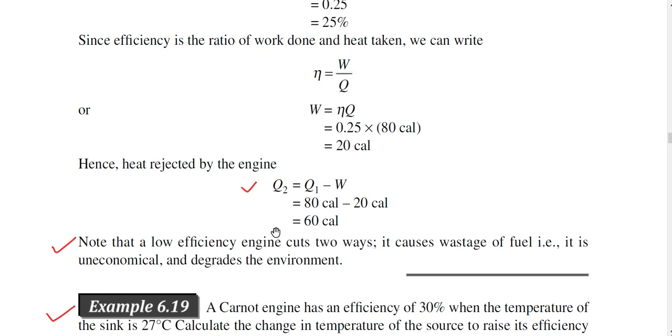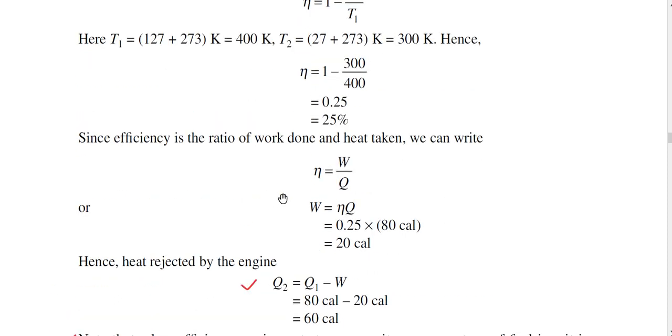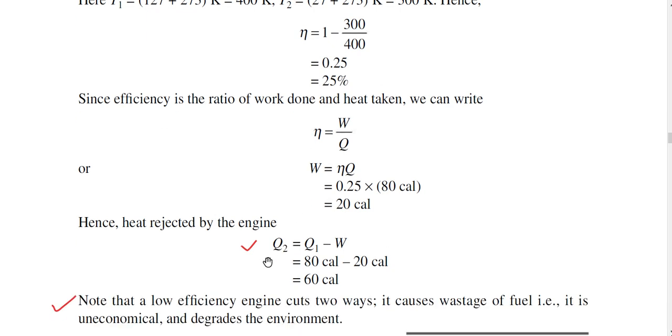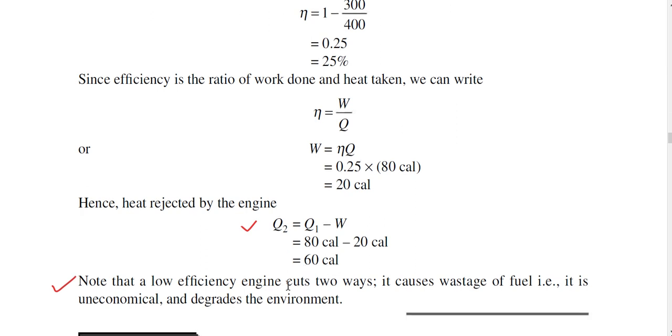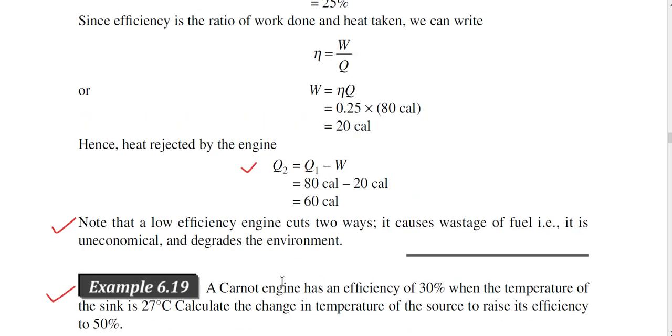Why does it degrade the environment? The efficiency of the engine is 25%, and that is why it is rejecting 60 calorie of heat into the environment. This rejected heat basically degrades the environment. So this is the understanding from this problem.